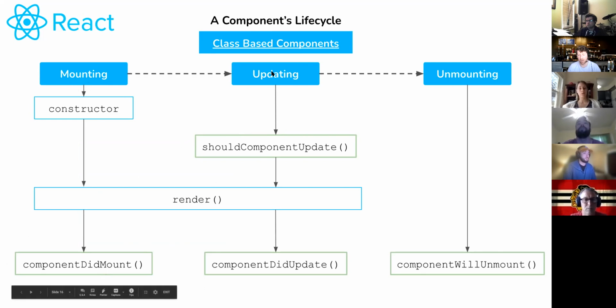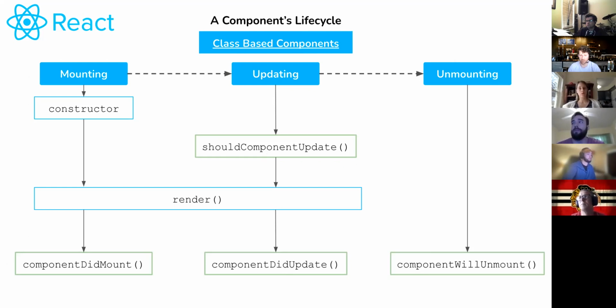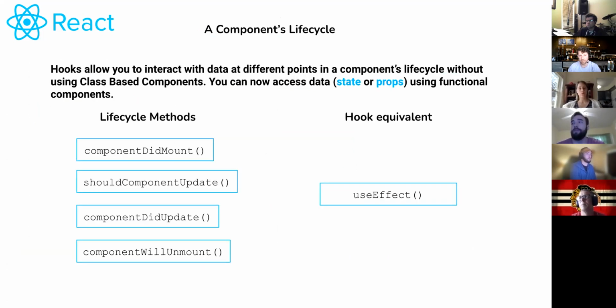When a component is updating, shouldComponentUpdate is executed, then the render method, then the componentDidUpdate method. And when unmounting, the componentWillUnmount method runs. Again, we're going to cover all this later on, but I just want to throw it all out there now, so you can experiment or have some knowledge of it before we run into it.